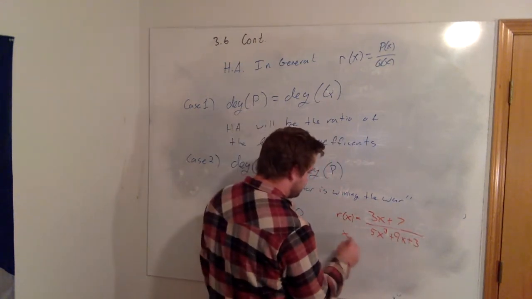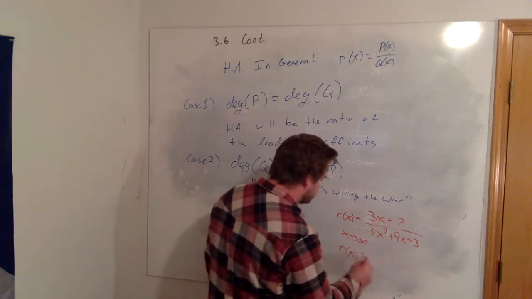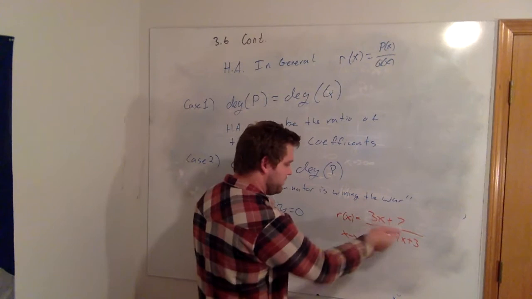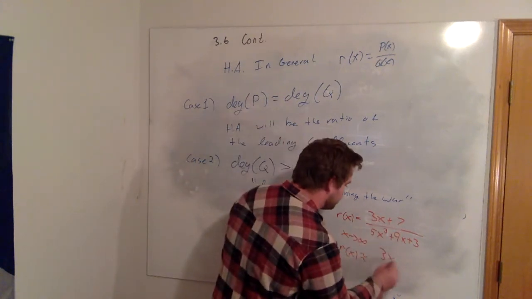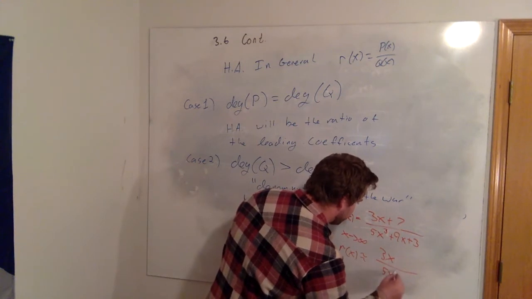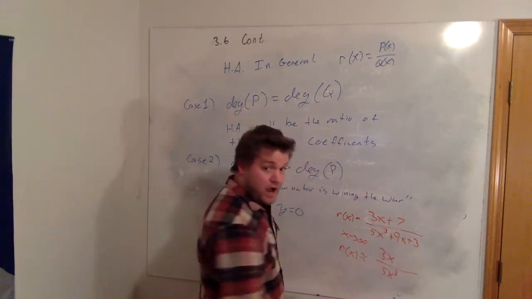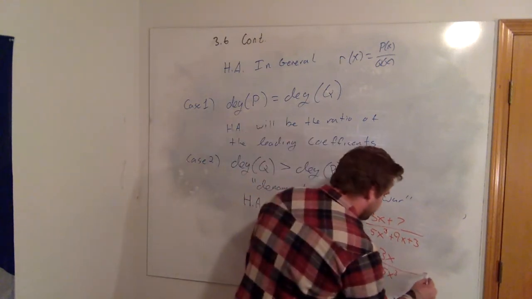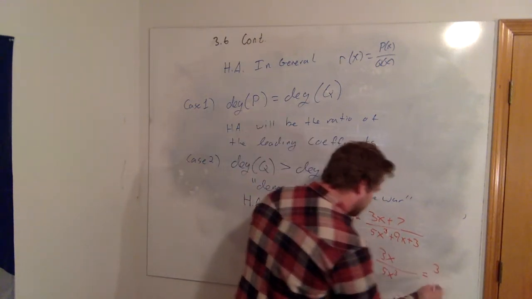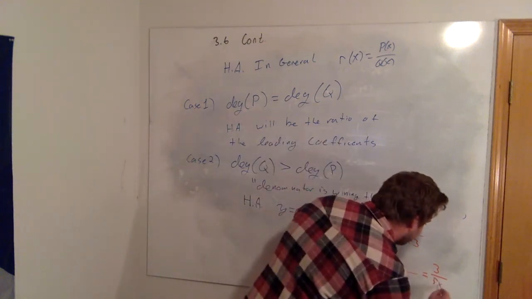As x is getting really large, r of x is going to be approximately equal to, in the numerator, the 3x is going to dominate, and in the denominator, the 5x cubed is going to dominate. Notice that one of the copies of x is canceled. So this is equal to 3 over 5x squared.